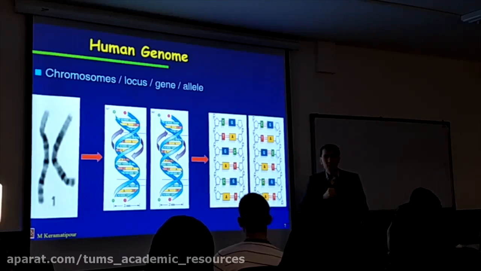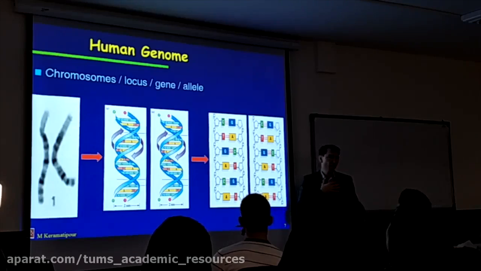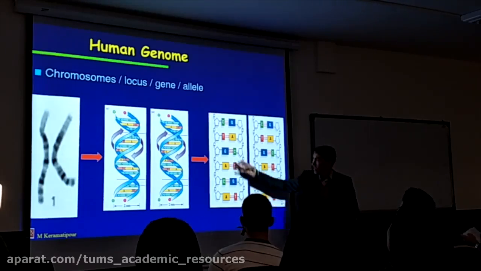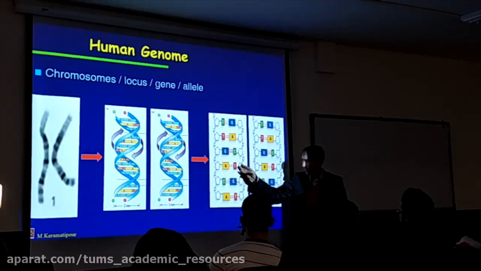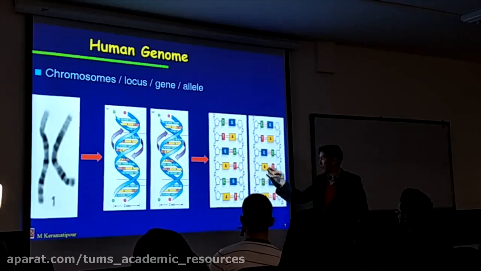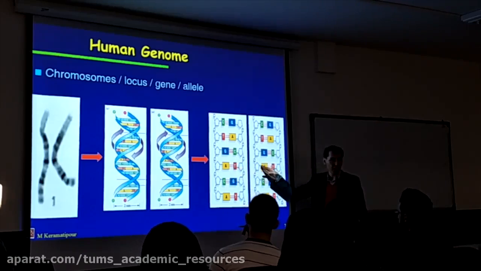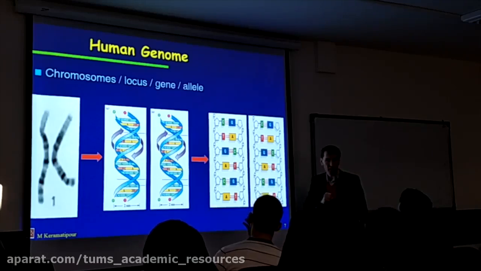But sometimes you see that someone might be AA, or might be AC. So what does it mean then? It means that in one chromosome it has A on the reference strand and T on the complementary, and in the other chromosome it has C on the reference strand and G, obviously, on the complementary strand.